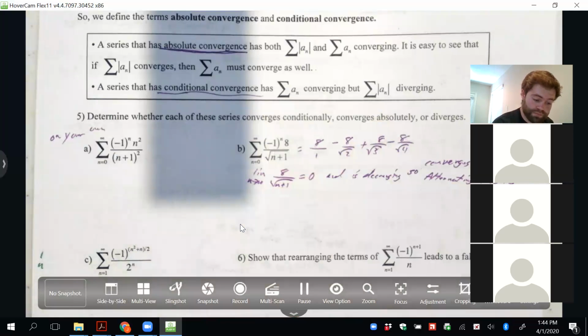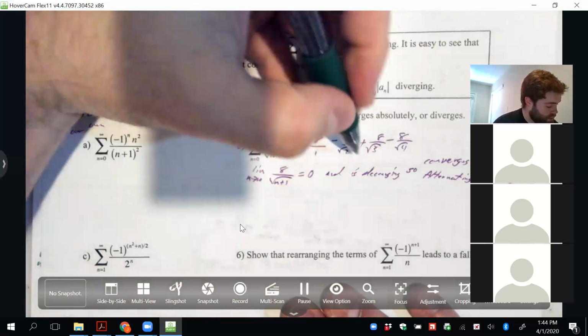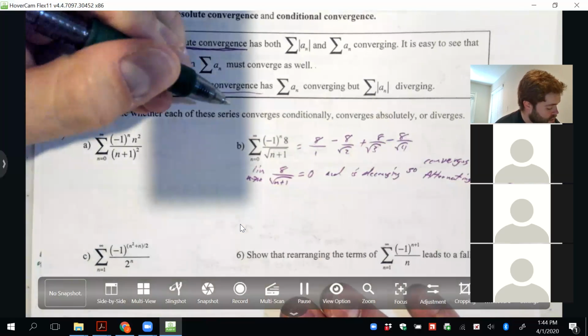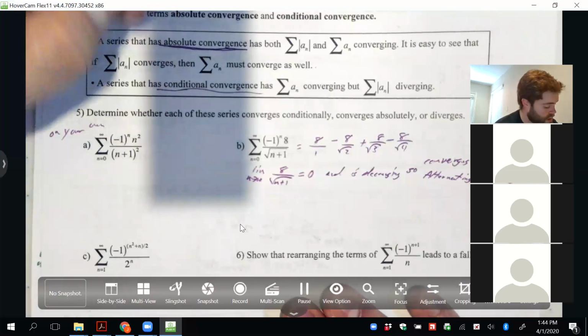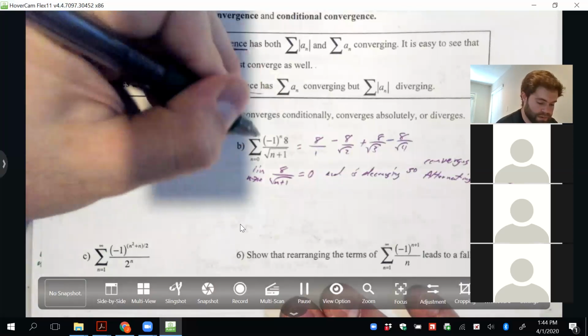Okay, so what we're going to do is we'll do the limit comparison test. And so what I mean is we're now throwing absolute values on there.